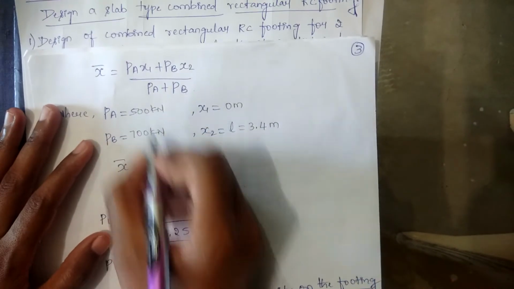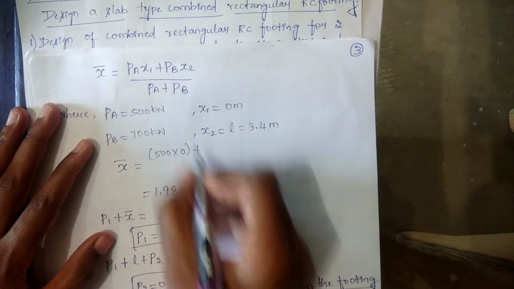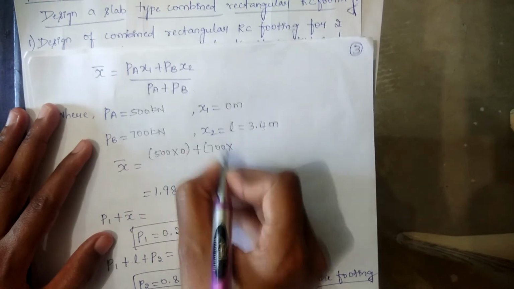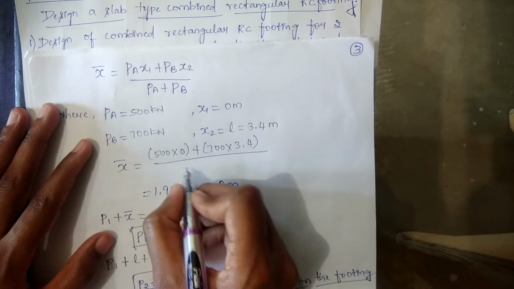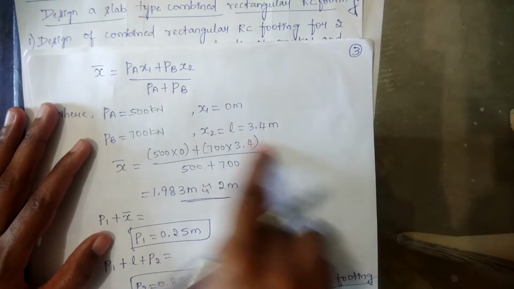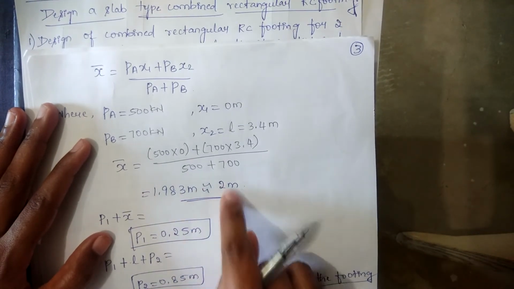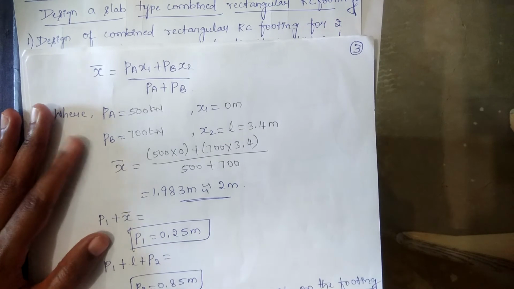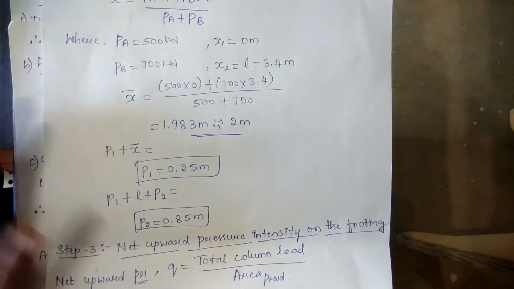Let us start substituting it. 500 into 0 plus PB is 700 into x2 is equal to 3.4, divided by PA is 500 plus PB is 700. Now, on simplifying this, you will be getting a value 1.983 meter, which is approximately equal to 2 meter.